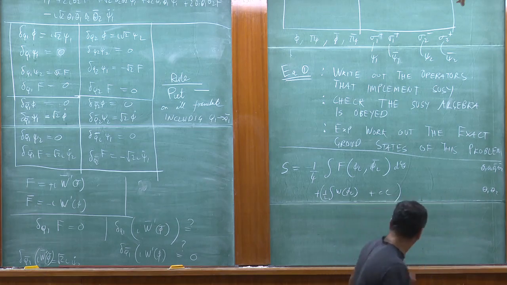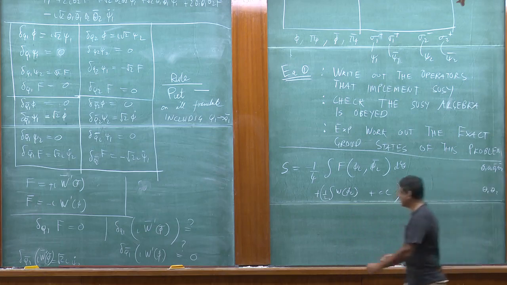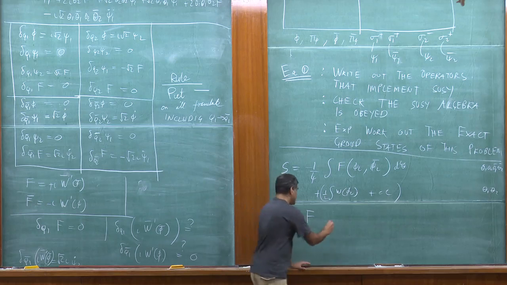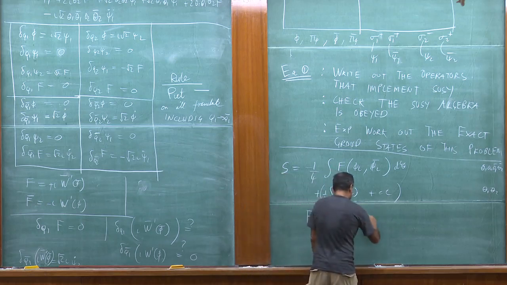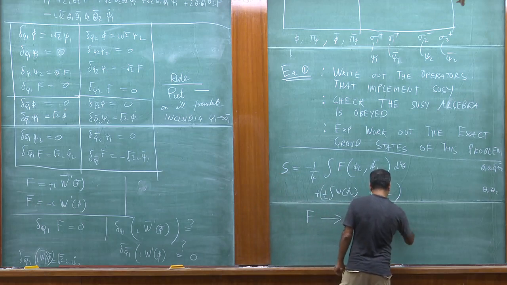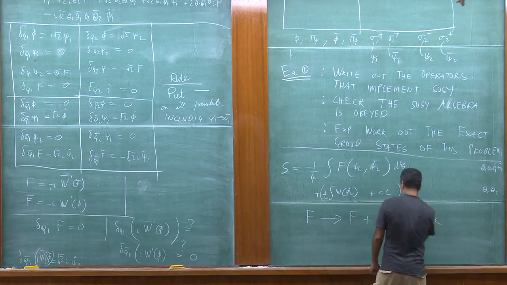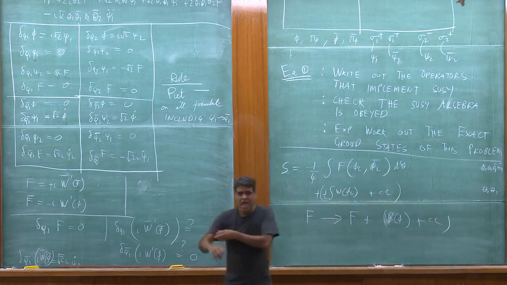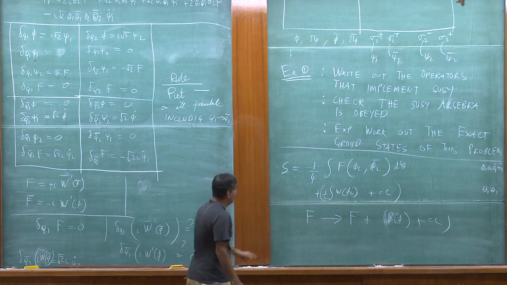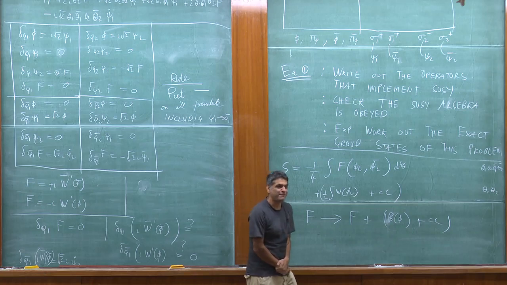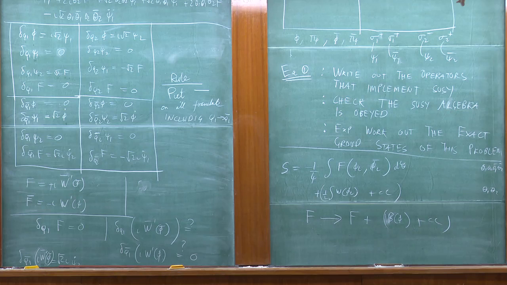So what we've learned is that if I take this f and make the transformation f goes to f plus b of phi plus cc, then I end up with the same Lagrangian. So the data of the kinetic term is functions of phi and phi bar modulo shifts by chiral functions plus complex conjugates.